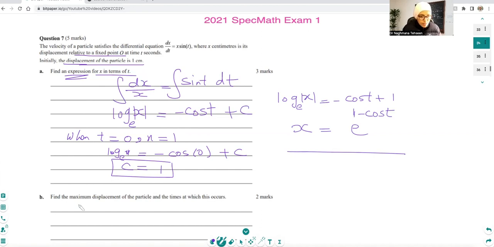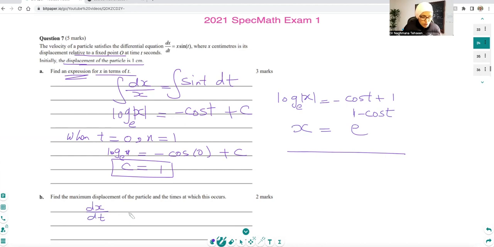Okay, now we need to find the maximum displacement of the particle and the time at which this occurs. So we know what x is now. We want to find where that maximum is happening. For that, we need to do dx over dt.